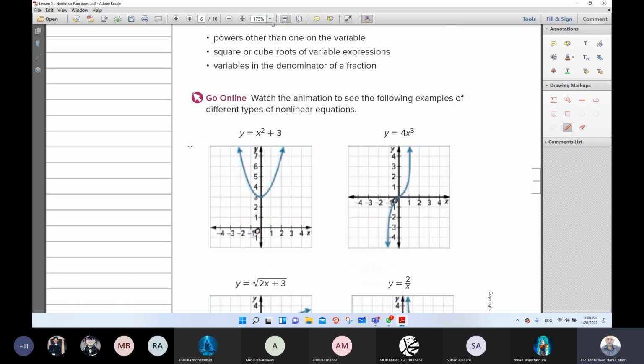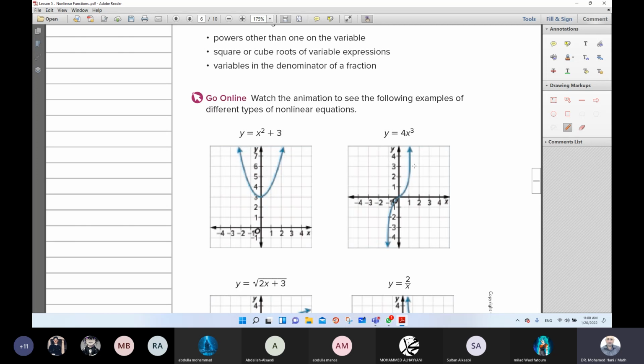So as you see in this equation, you have here squared. When you have the degree of the variable squared, means not linear. So as you see the graph here, we have a curve. As you see here, we have the degree 3. So this is a cube. So when you have the degree of the variable other than 1, means non-linear.